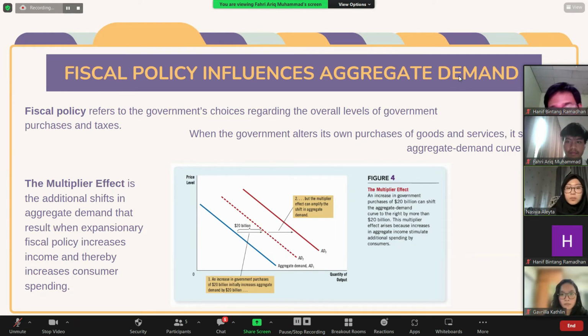When policymakers change the money supply or the level of taxes, they shift the aggregate demand curve indirectly by influencing the spending decisions of firms or households. By contrast, when the government alters its own purchases of goods and services, it shifts the aggregate demand curve directly. And in fiscal policy itself, there are two types.